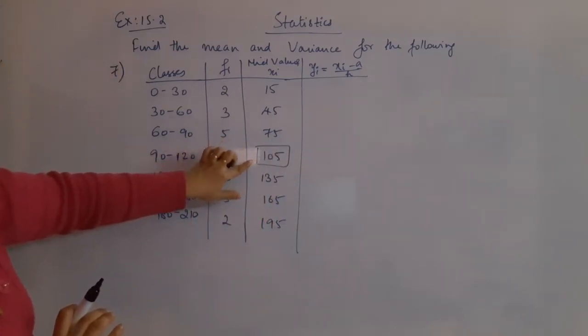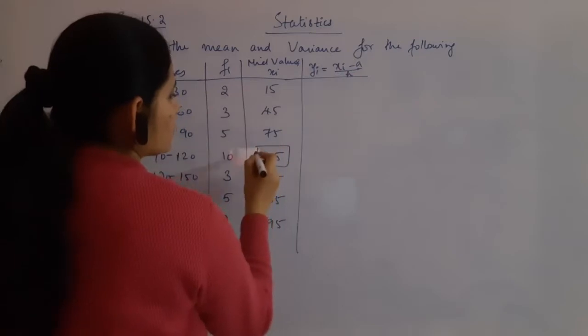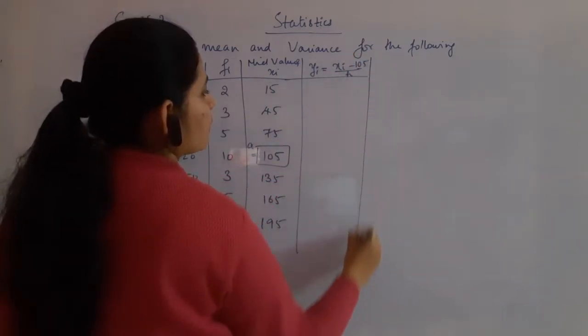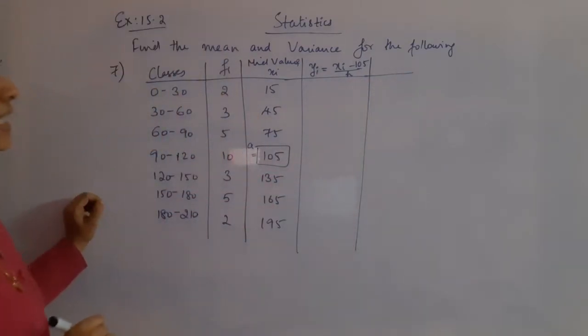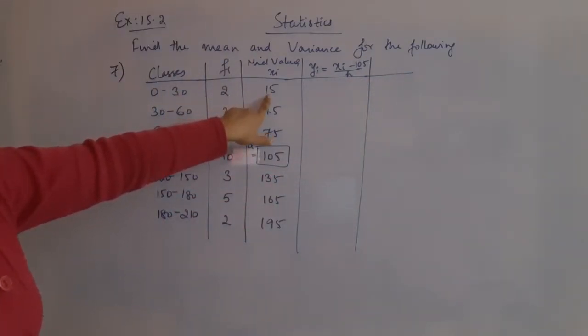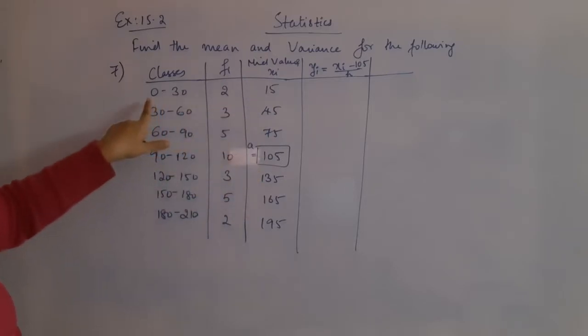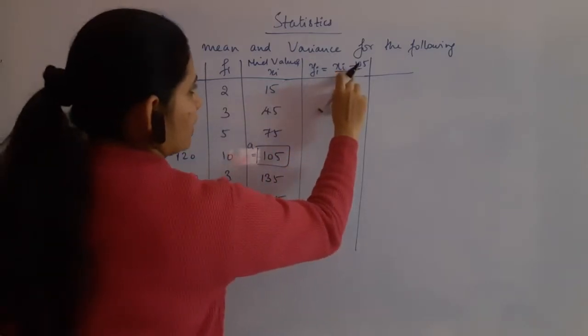Here it is the perfect middle, so 105 we will choose as a. Now calculate yi. Yi is xi minus 105, that is 15 minus 105, divided by h. H you will choose as 30.